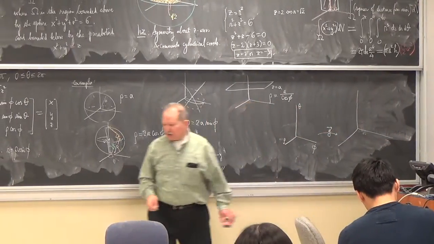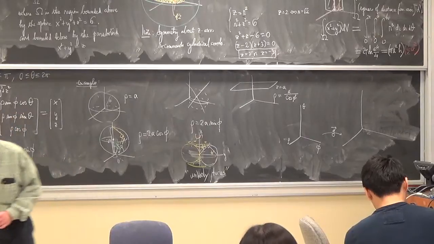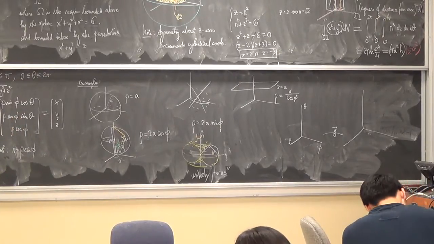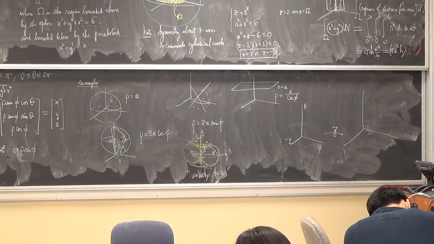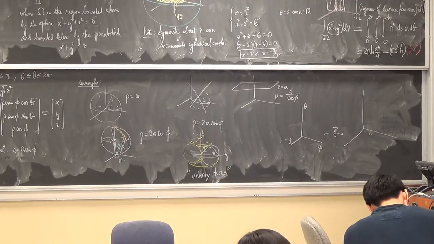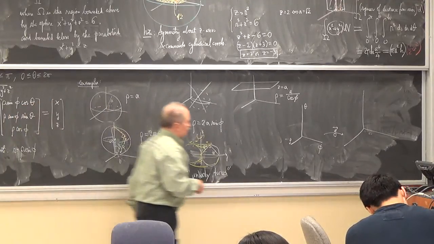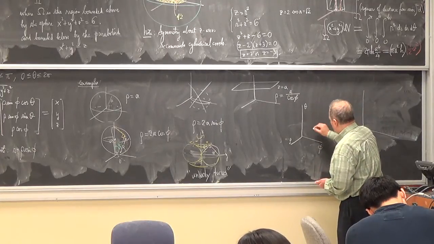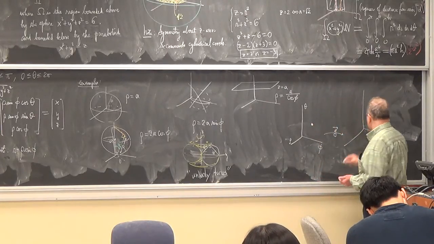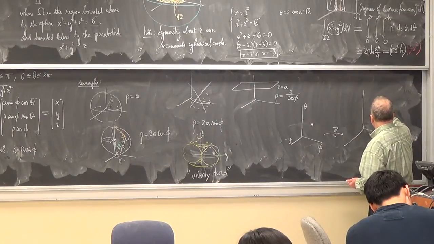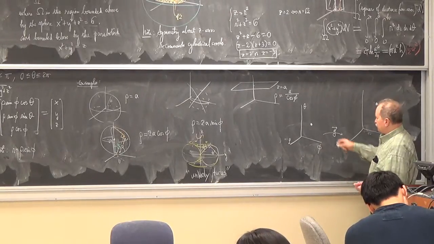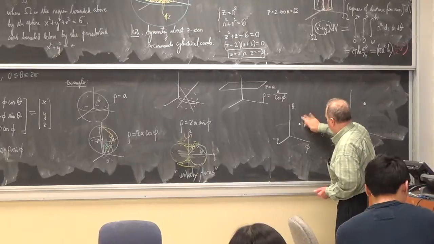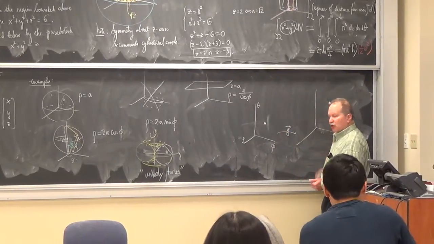What I want to do is draw you a convincing picture, for which I need colors, that says if I start at a point with a certain rho, a certain phi, and a certain theta, imagine I'm here. So here's rho phi theta, and that's the point in xyz.